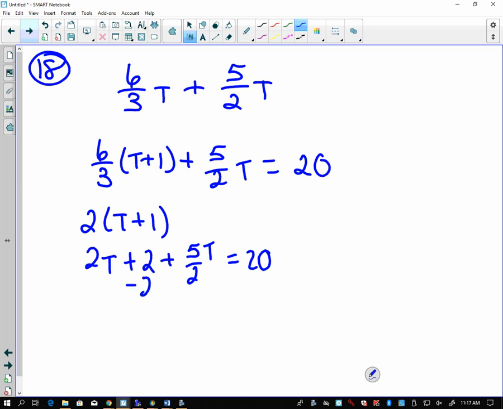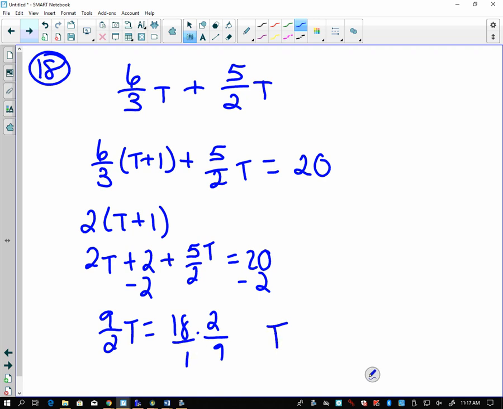We could even subtract 2. I've got 2t plus 5 halves t, which is the same as 4 over 2 t plus 5 over 2 t, which is 9 over 2 t equals 18. I can't divide by 9 halves, but I can multiply by 2 ninths.